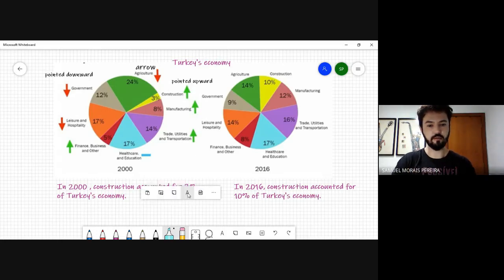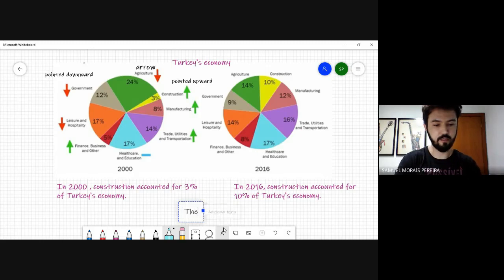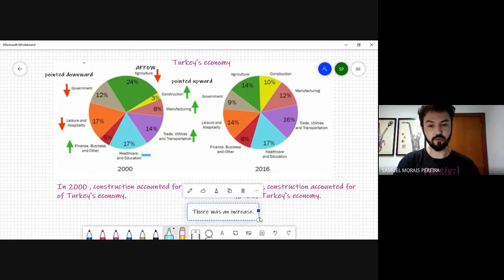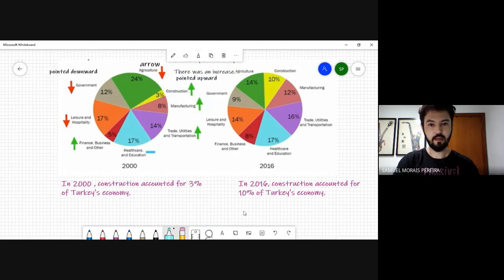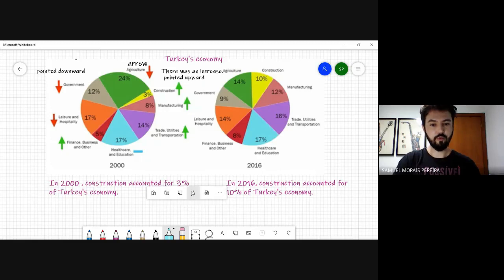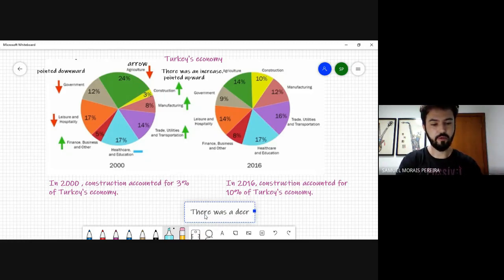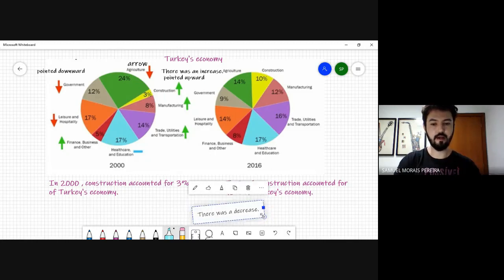Então, ó, no caso das setas verdes, você tem a informação de que there was an increase in that sector. Houve um aumento, tudo bem? So pay attention to the word increase. On the other hand, when you have the arrow pointed downward, you can see that there was a decrease.